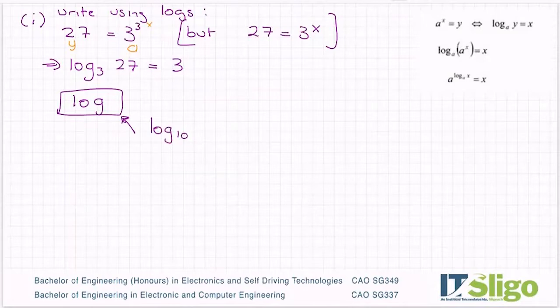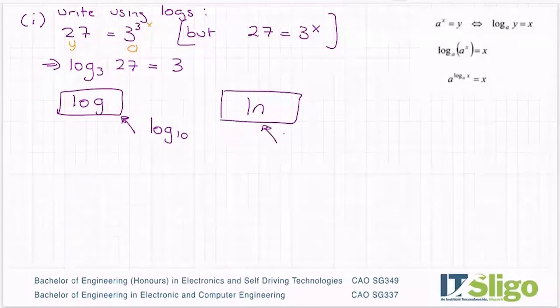That is one of the most commonly used logs out there, so it has its own button on the calculator. In a similar way, just to the right of that is an LN button, and that is programmed as log to the base E. It's the natural growth rate of a lot of natural phenomena in the world. E has a value, it's a constant, and it's given its own button on the calculator.